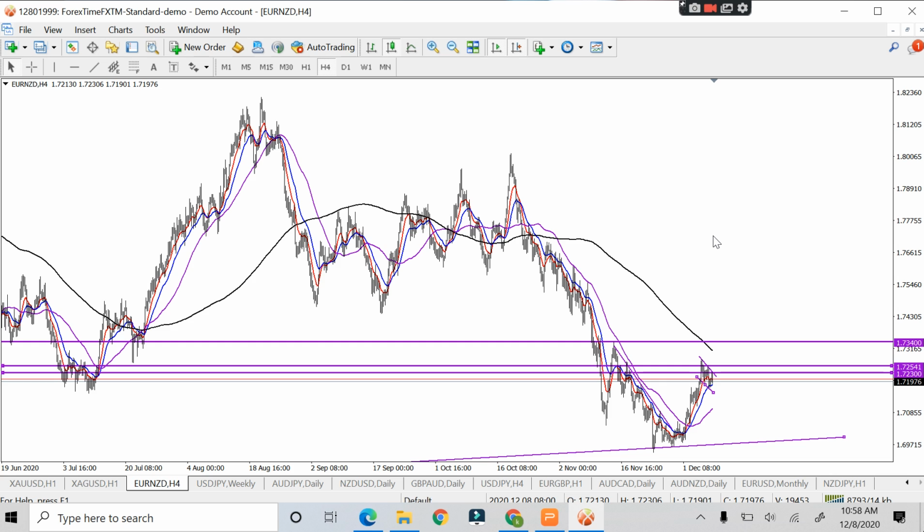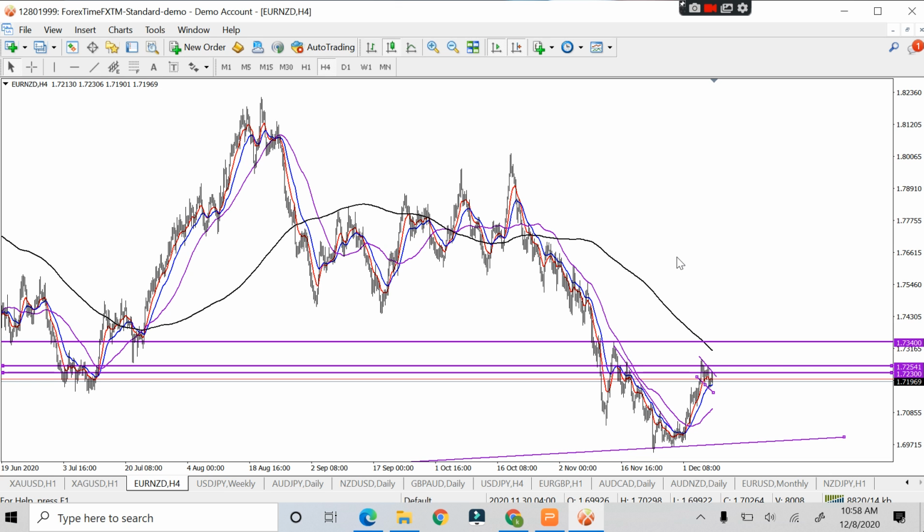Also, what could be holding this pair is the Brexit talks, which have not really made any headway. So as we look at the news, we also look at the charts and see what the chart is saying. But for me, it's still a buy bias all the way.